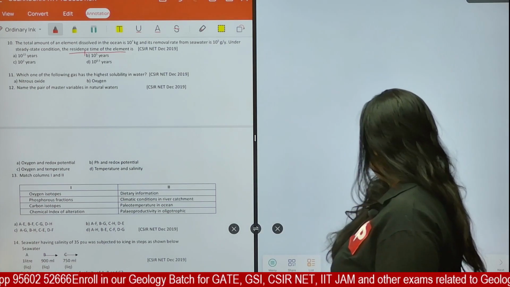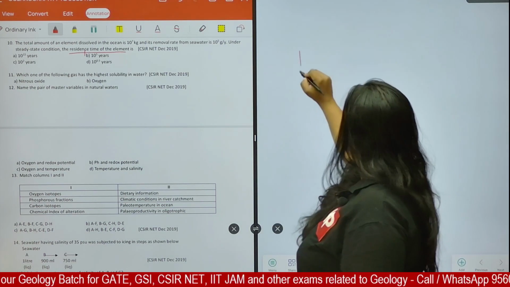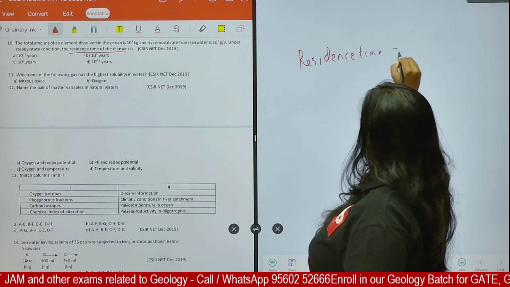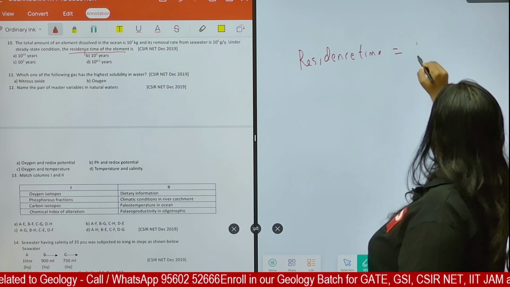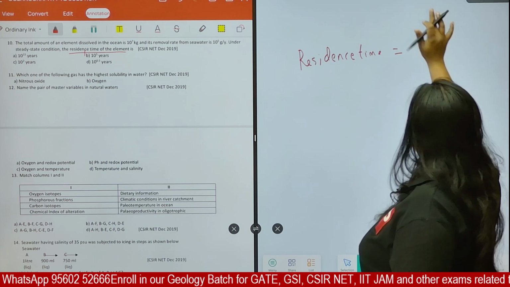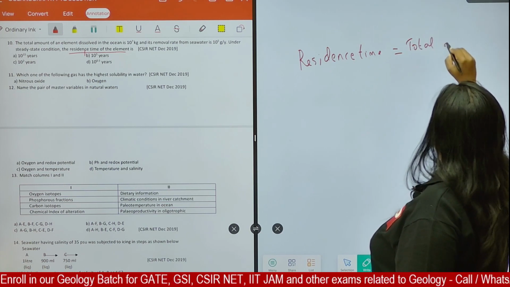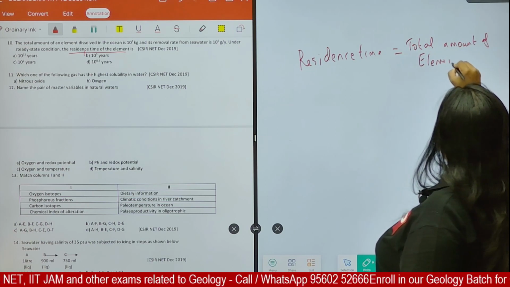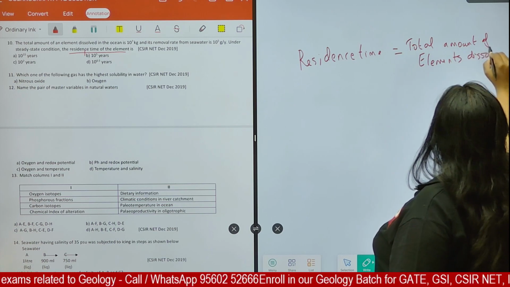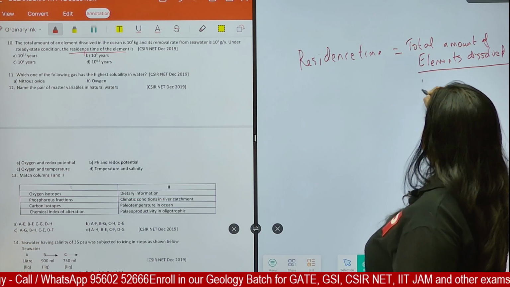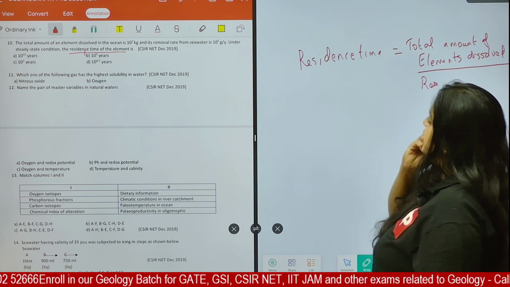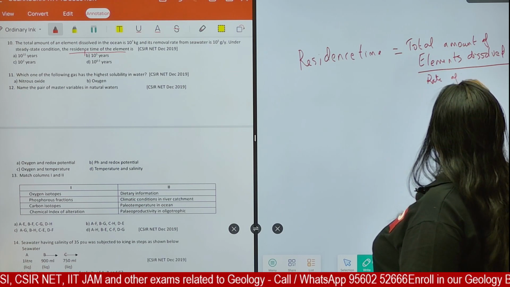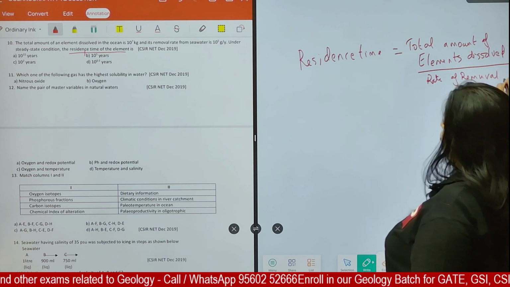So the residence time is equal to the total amount of elements dissolved in the ocean divided by the rate at which the removal of element happens, the rate of removal.